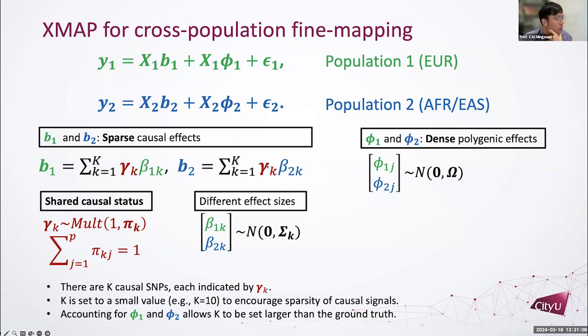In such a way, we can use the difference in LD that is embedded in X1 and X2 to identify the non-zero entries in gamma K. Here are some probabilistic specifications for gamma and beta. Beta 1K and beta 2K can be different, but their causal status is the same. For the dense polygenic part, we just use the normal distribution to capture that.